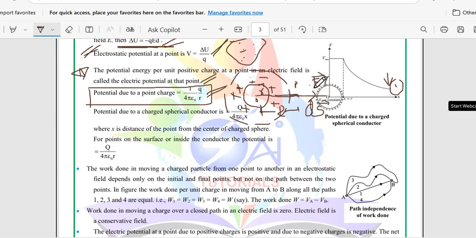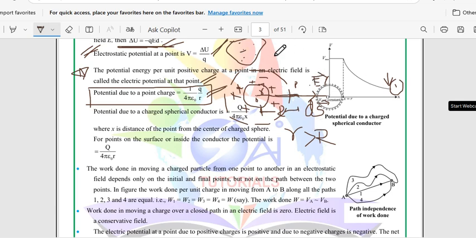To derive the electric potential, I have considered a point outside the conductor, so small r becomes greater than capital R.